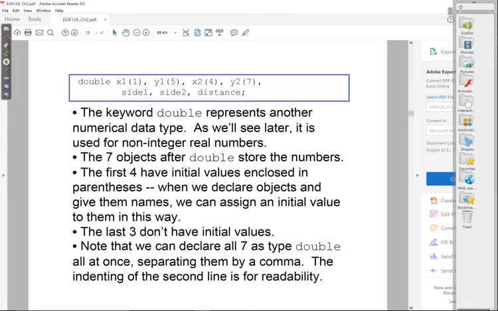So if you're dealing with only whole numbers, you have to tell your computer that this data I'm storing is an integer. If you're going to store something that has a fractional part, what we call a real number, if you remember from algebra, you've got to tell your computer that.